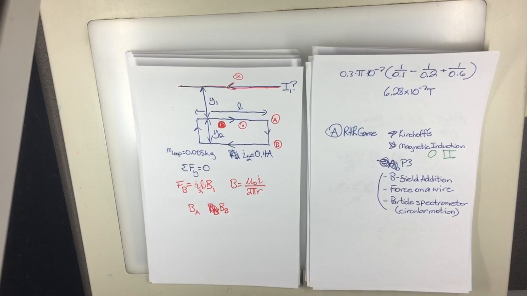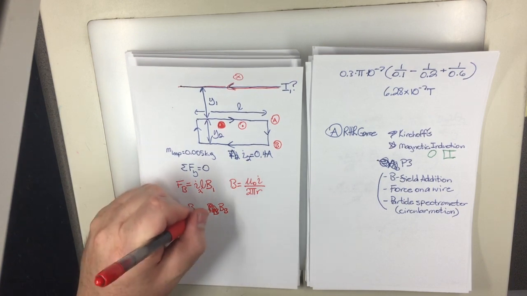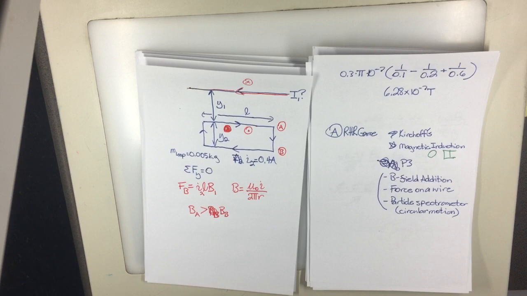Question, is the B field at A because of wire 1 greater than or less than the B field at point B from wire 1? As you get closer to the wire, the B field does what? It increases. So the B field at A must be greater than the B field at B. It has to be.